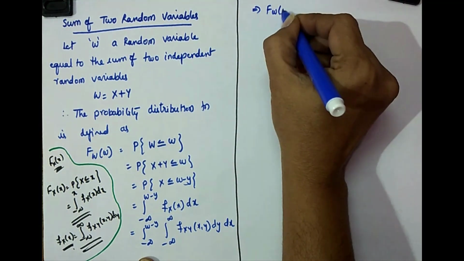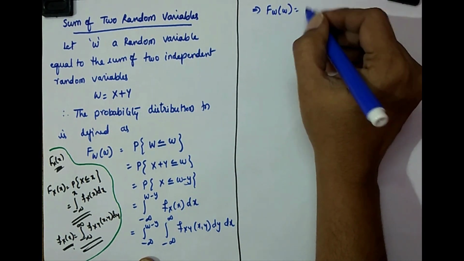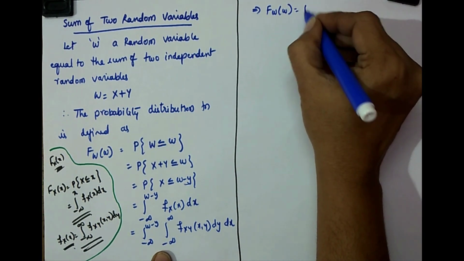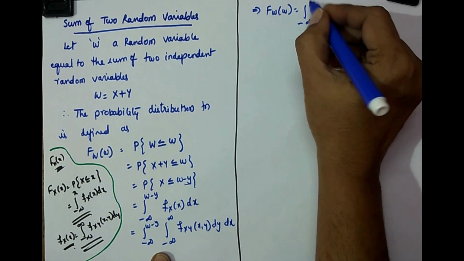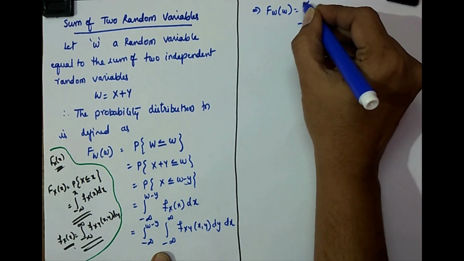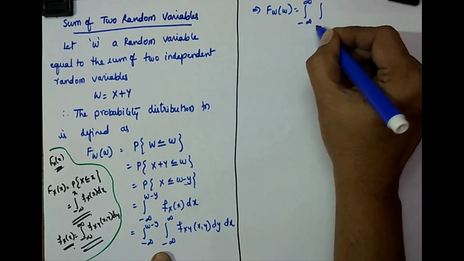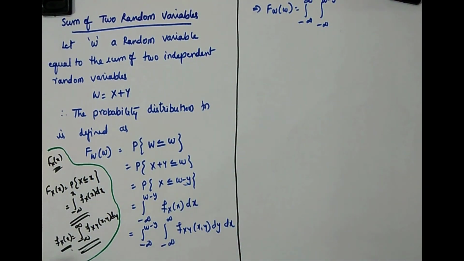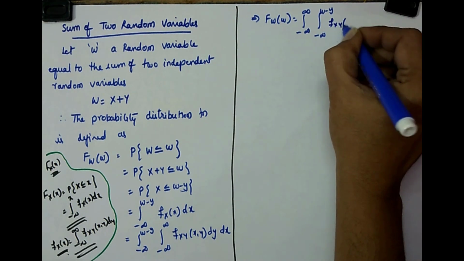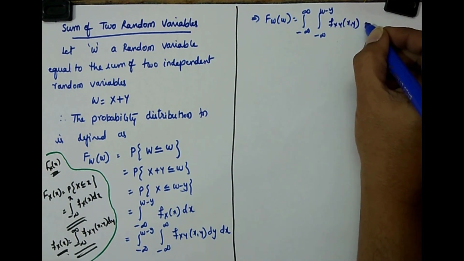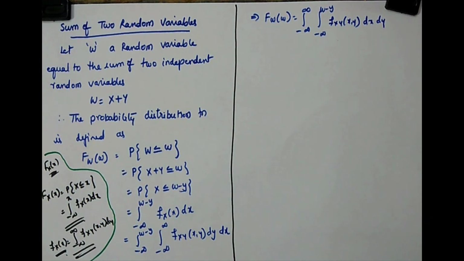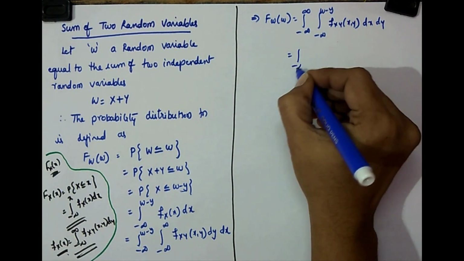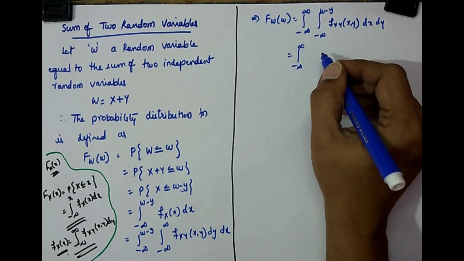So fw of W is the integral from minus infinity to infinity and the integral from minus infinity to W minus y of fxy of x comma y dx dy.